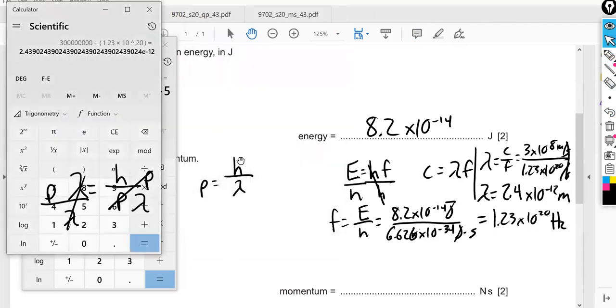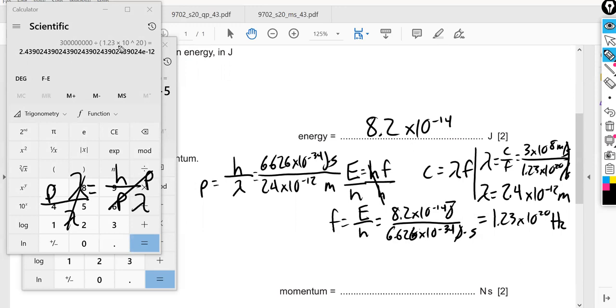Slide that one over. And now we're ready to calculate the final momentum, the answer to the question. Planck's constant again, divided by the wavelength, which we just calculated, 2.4 by 10⁻¹² meters. And then we will get Newton seconds of momentum there. If we were to consider that a joule is a Newton meter, then the meters would cancel and we just have Newton seconds, right? So a joule is a Newton meter.